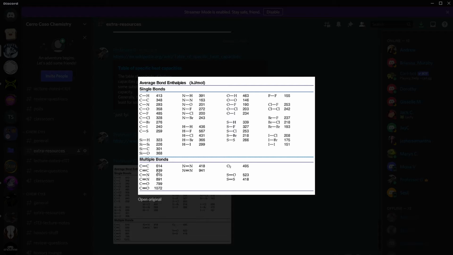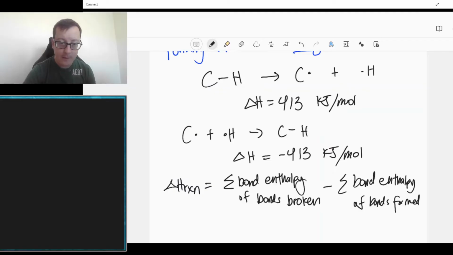All right, and then multiple bonds, we're going to see always have more bond enthalpy associated. Single bond, carbon-carbon, 348. Double bond, 614. Triple bond, 839. So the more bonds we have, the more energy it takes to break them, right? Or the more bonds we're making, the more energy gets released. So pretty straightforward there. So that's in Discord for us.